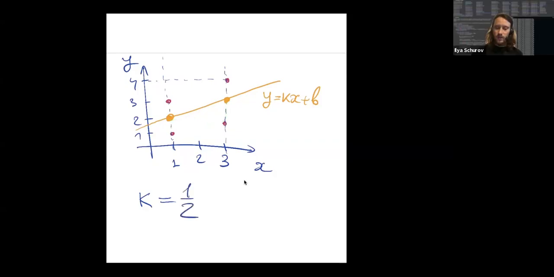One half, exactly. So in fact, what we did just now is an OLS estimate, because the best point that minimizes the sum of squares of this residual and this residual is in the middle.